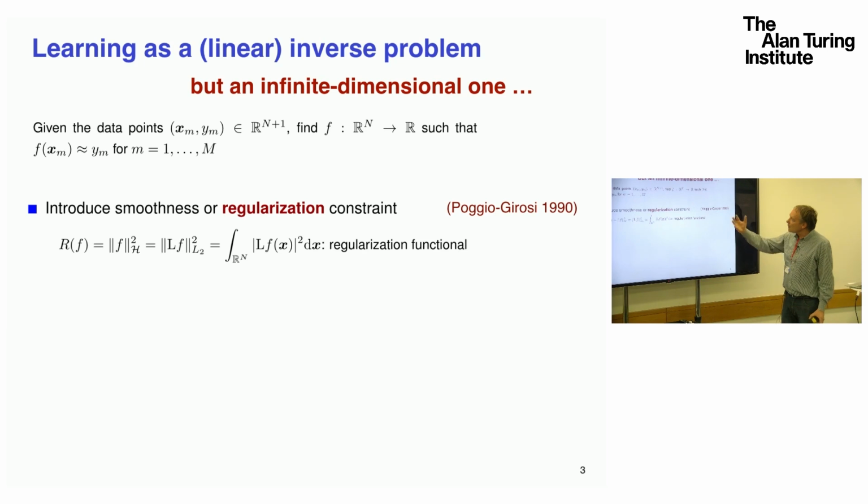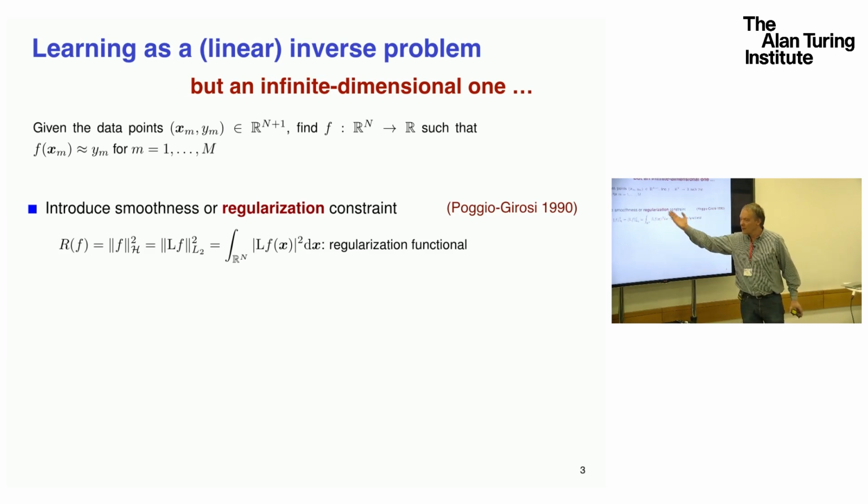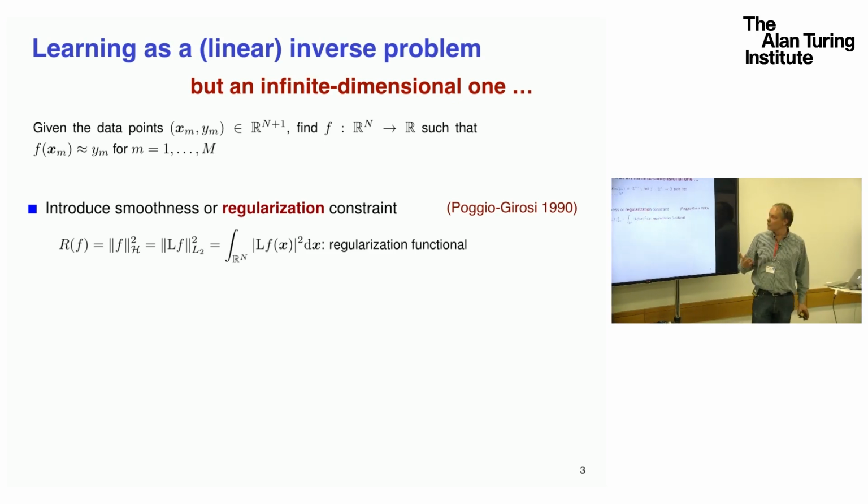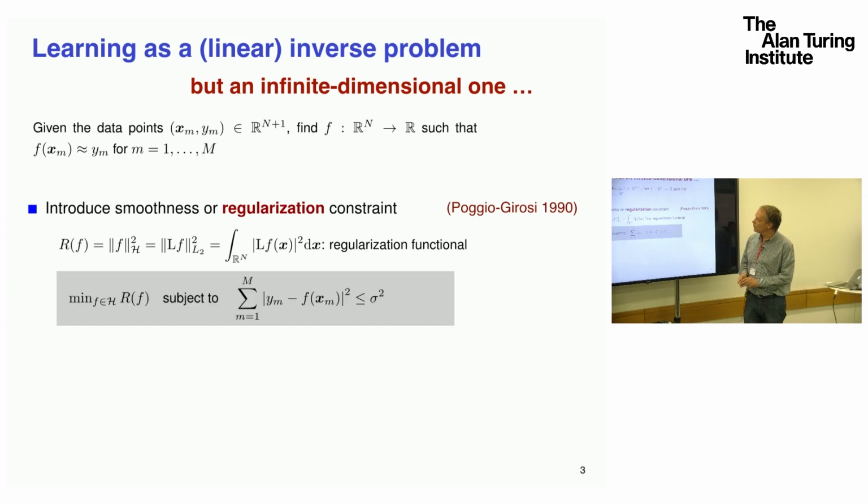OK, so the traditional approach, and I will be very historical here, is to introduce regularization. Among the first people to introduce that in learning were Poggio and Girosi, introducing this regularization function. You essentially take some operator, for example derivative or gradient, and you impose a condition on the L2 norm of your solution. Then you can reframe the problem like that.